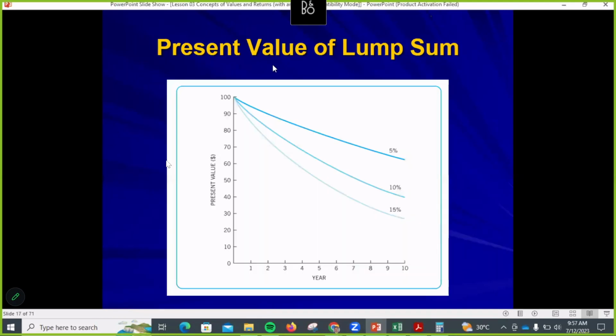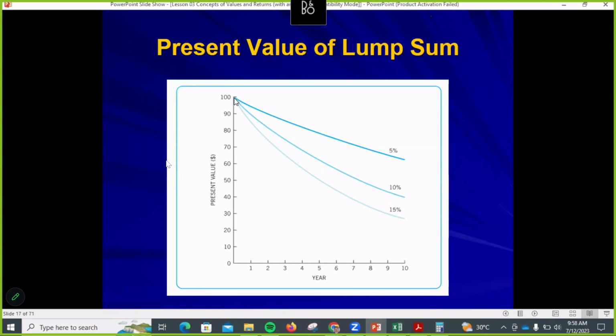Right. Then you want to understand what is happening to this kind of present value of a lump sum. So in the diagram, you can see that the present value is plotted on the y-axis, and the number of years is plotted on the x-axis, the horizontal axis, starting from 0. These are present values in rupees: 10 rupees, 20 rupees, 30 rupees, going on.